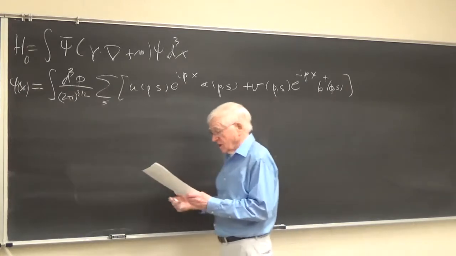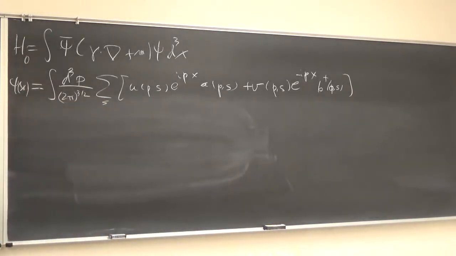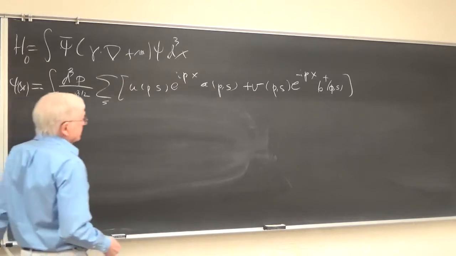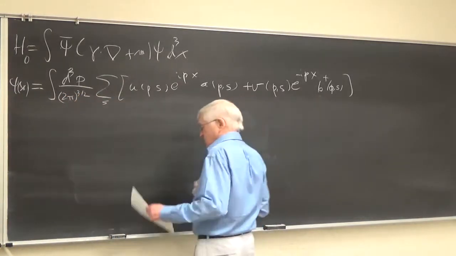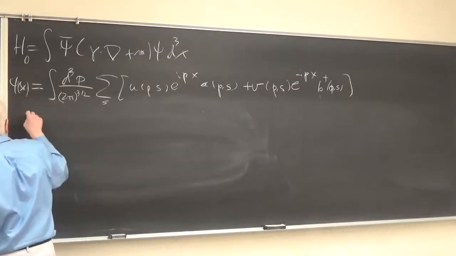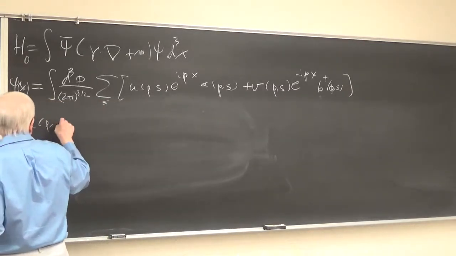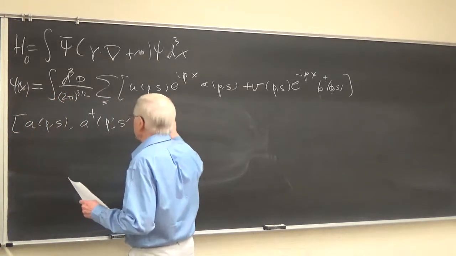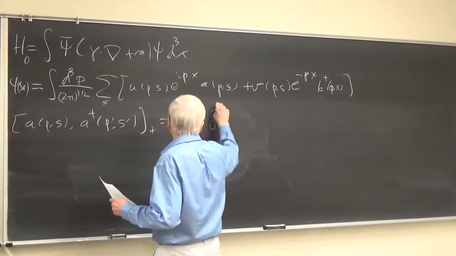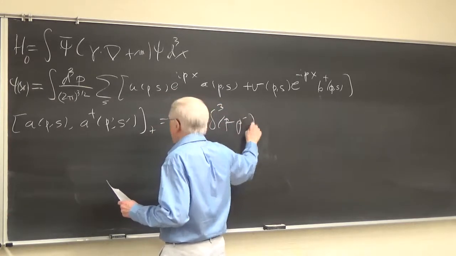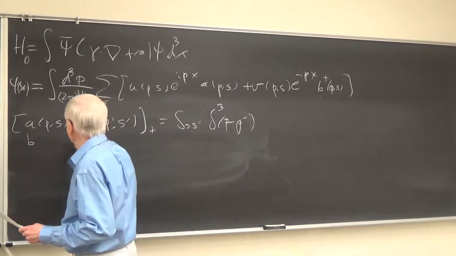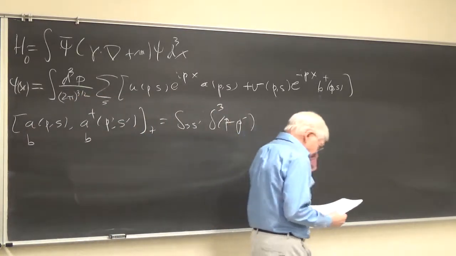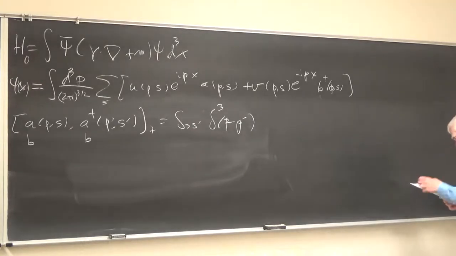So if that's our Dirac field, where the annihilation and creation operators obey the anti-commutation relations, and the same thing with b, so I'll just write them like that. So they obey these anti-commutation relations.